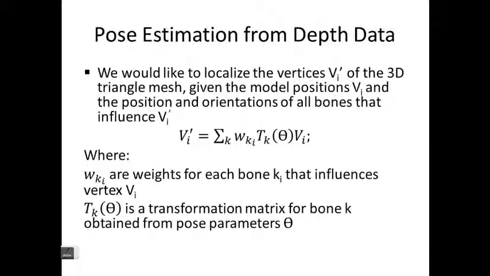So that's how we get the formula listed there, which says that the vi prime, which is the real world 3D coordinates of a given triangle vertex, is some weighted combination of the model vertices, transformed by a transformation matrix for each bone k given its pose.